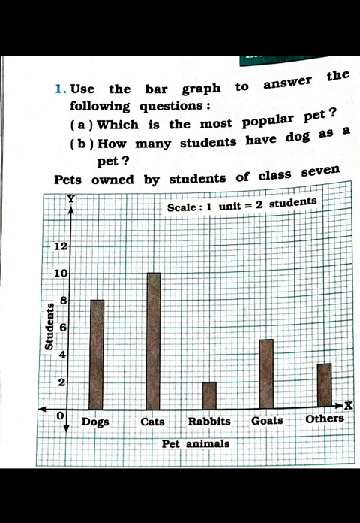From the graph it's very much clear that cats are liked by most of the students. Isn't it? The height is the most. That is 10 students like the cat. And second question, how many students have a dog as a pet? Dog, see how many students? That is 8 students have a dog as a pet.